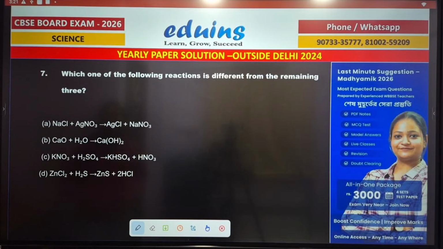Option B is CaO plus H2O, that means quicklime plus water, giving calcium hydroxide. This equation produced calcium hydroxide. Option C is KNO3 plus H2SO4 giving KHSO4 plus HNO3, and option D is zinc chloride plus hydrogen sulfide giving zinc sulfate plus 2HCl, hydrogen chloride. Which one reaction is different from the remaining three?